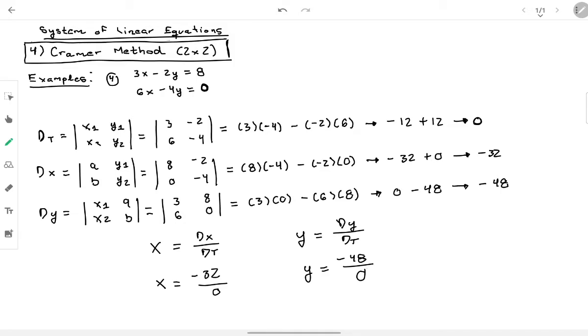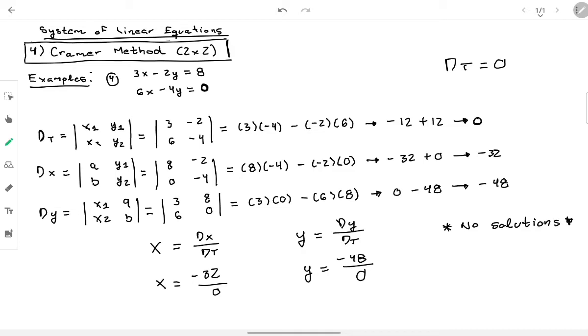Remember, division by 0 is impossible to do, so when the determinant of the whole system equals 0, we can say that there will be no solution for this specific system.